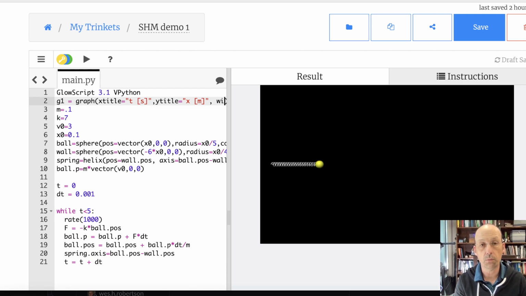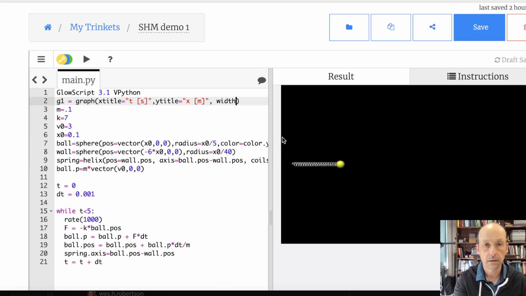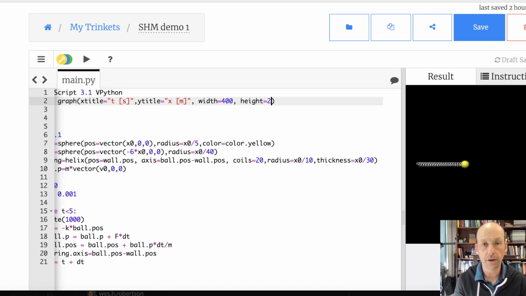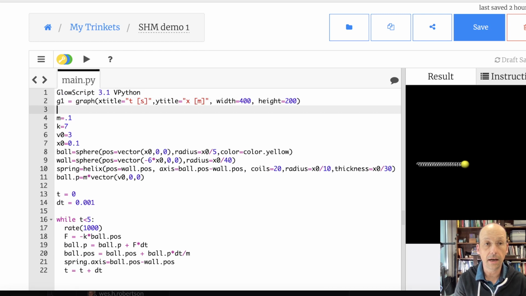And then width equals 400, height equals 200. That way it'll show up really well. And then I'm going to do f1 equals g-curve, color equals color.blue, and I want to plot that.